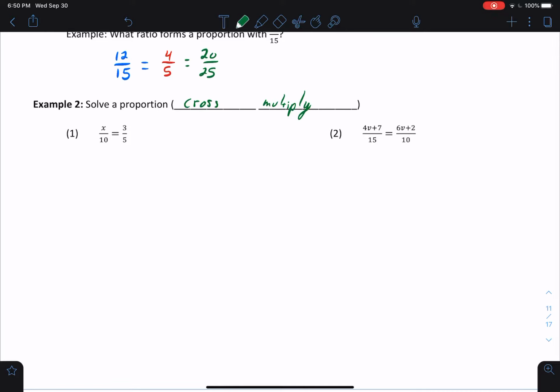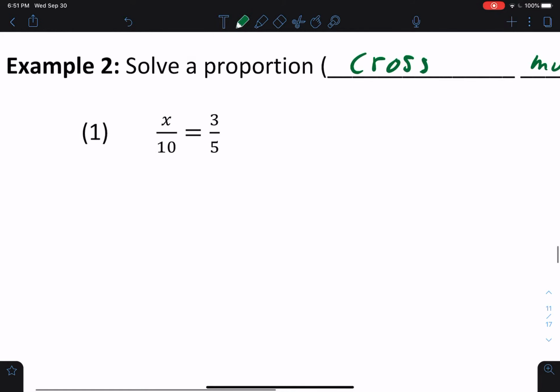Okay, now this is not cross cancel. Cross cancel was when we multiplied fractions. To solve a proportion, when we have an equal sign here, we're going to cross multiply. So what does that mean? What does that look like? So I'm going to zoom in here. To cross multiply, I'm going to take x times 5, and that's going to give me 5x.